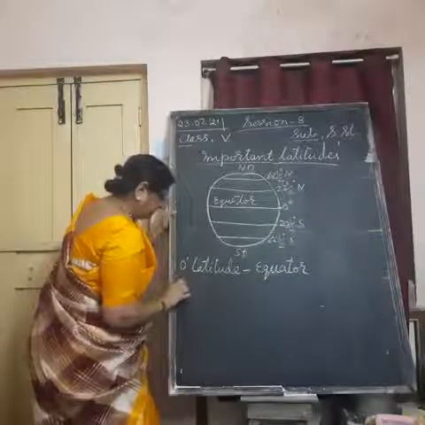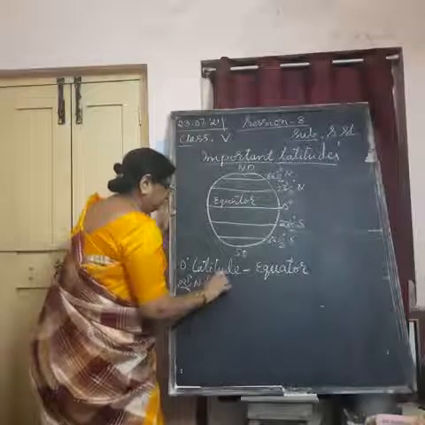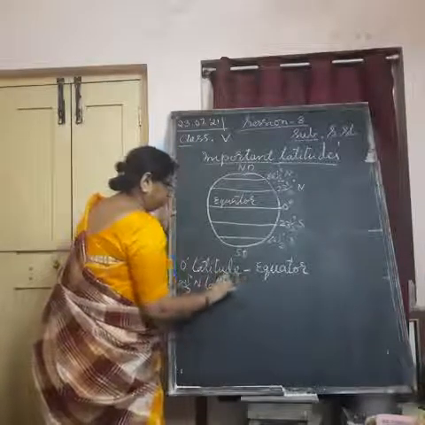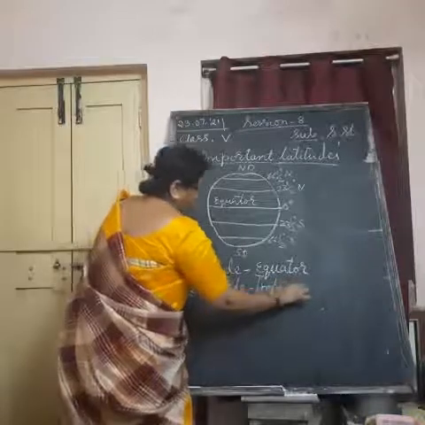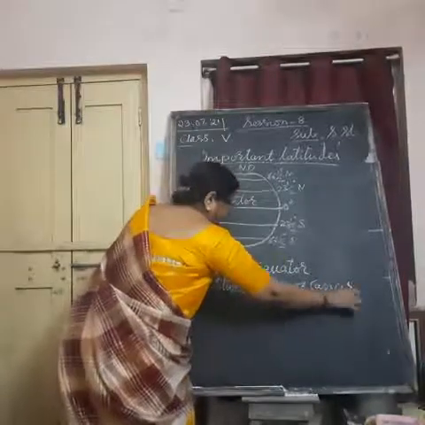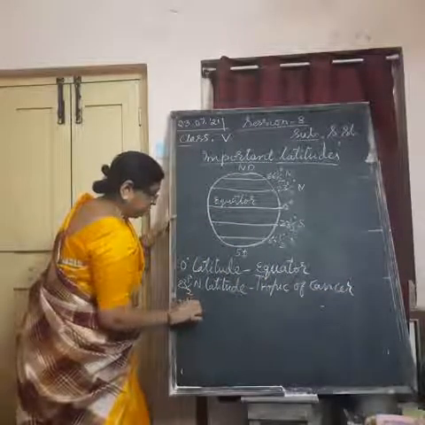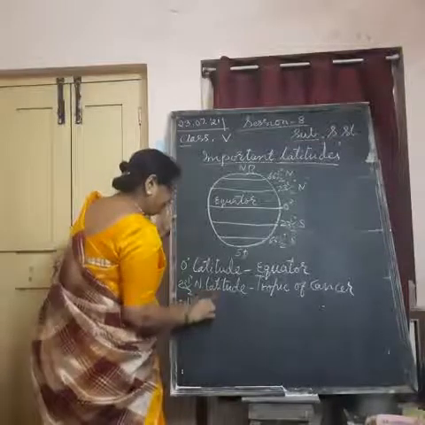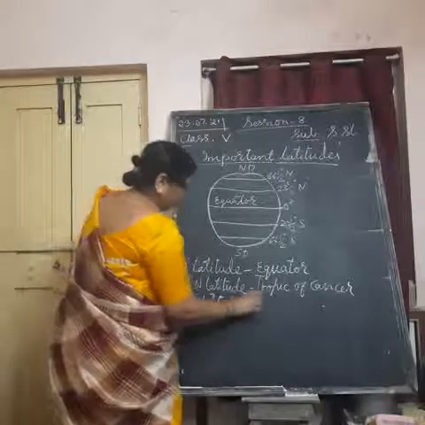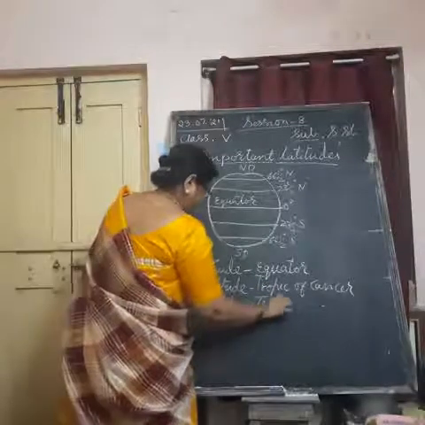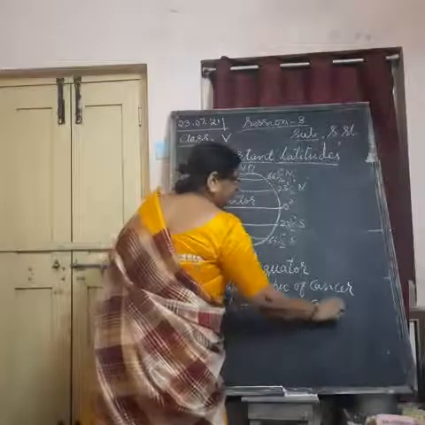Second, 23.5 degree north latitude, Tropic of Cancer. 23.5 degrees south latitude, Tropic of Capricorn.